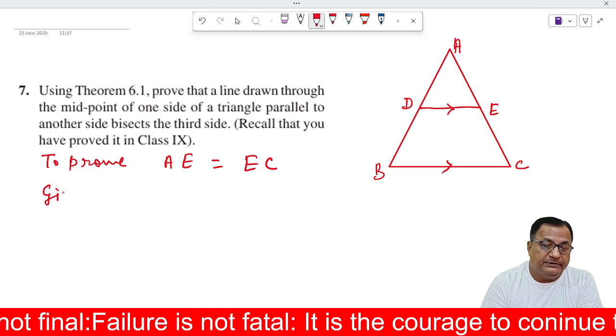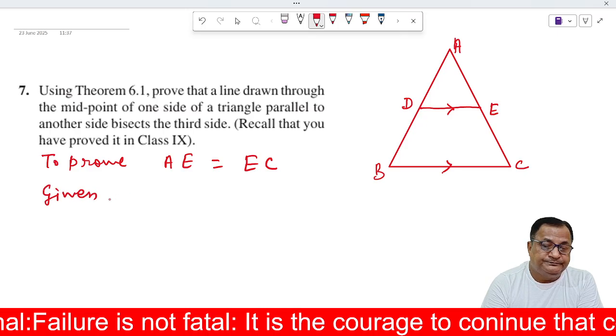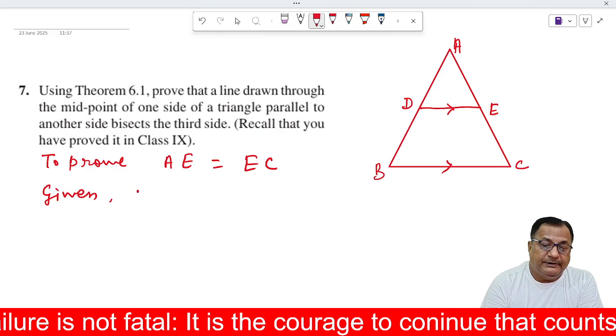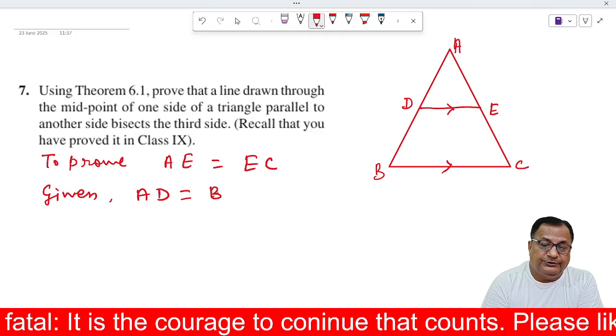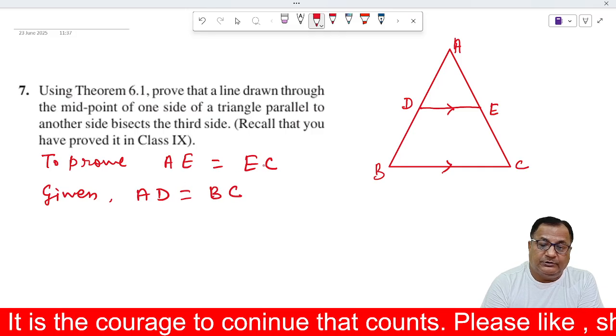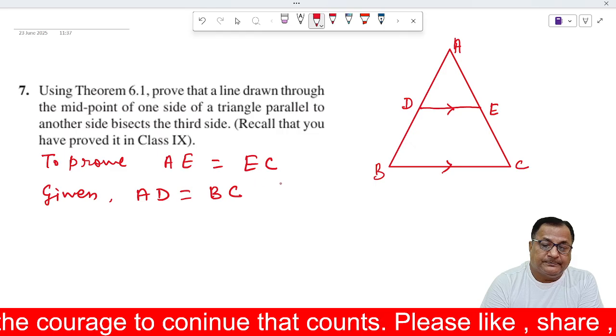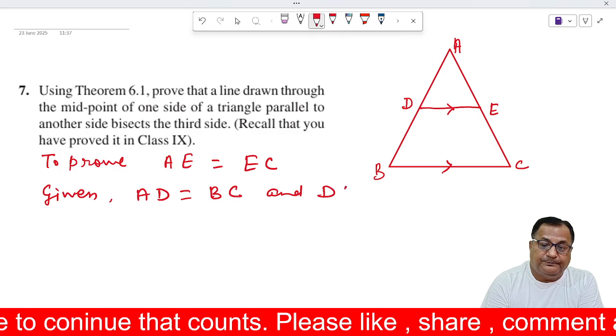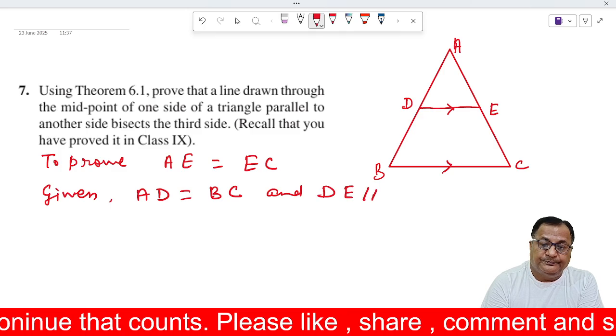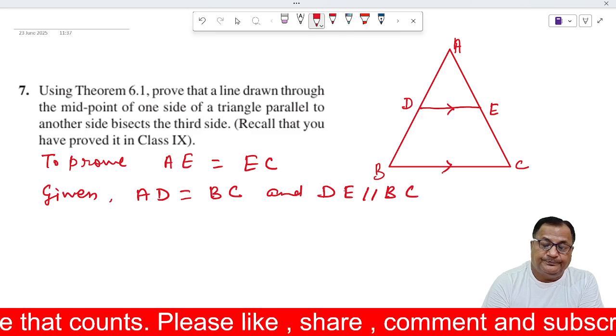Given: AD is equal to BD, because D is the midpoint, and DE parallel to BC.